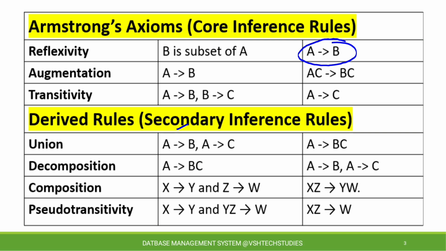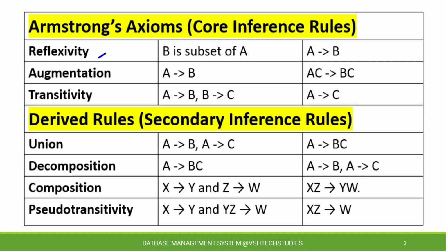That is the relationship between attributes A and B. The value of attribute A determines the value of attribute B. A is the determinant, B is the dependent. A determines the value of B. So that is what A arrow B indicates. For example, in a student's table, the value of roll number determines the value of student name.